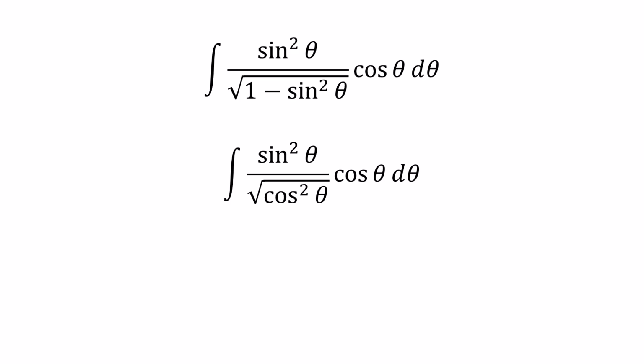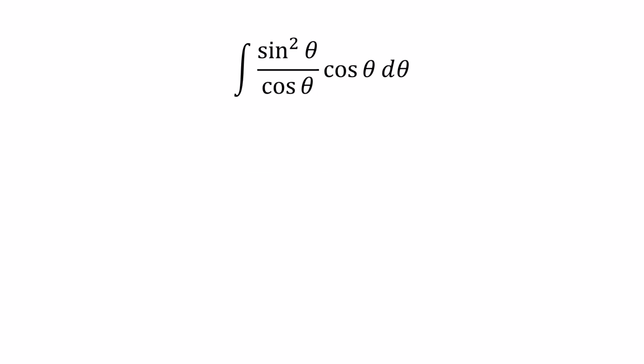Taking the square root then gives the integral of sine squared of theta over cosine of theta cosine of theta d theta. Simplifying gives the integral of sine squared of theta d theta.